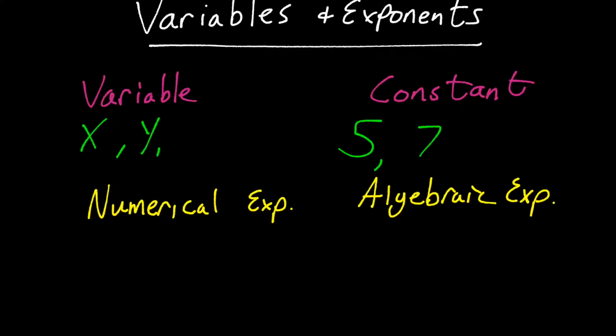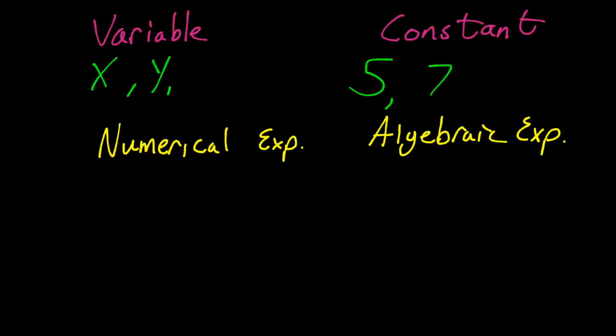A numerical expression, let's scroll this up a little bit. Numerical expression is something like this: 5 plus 2. Or it could be something like this: 7 minus 3. In a numerical expression, you have constants, 5, 2, 7, and 3, those are all the constants, and you have an operation.